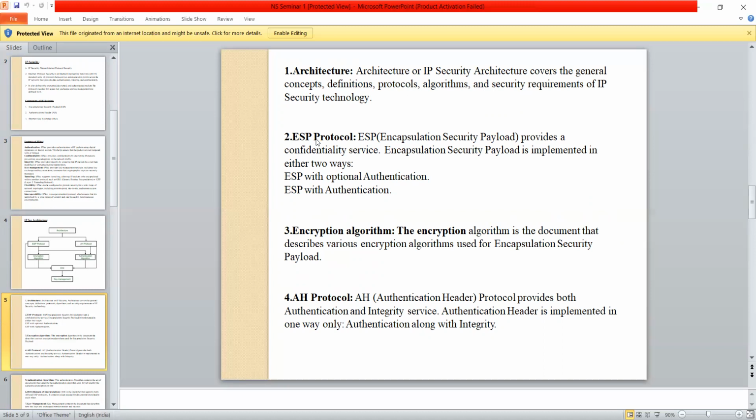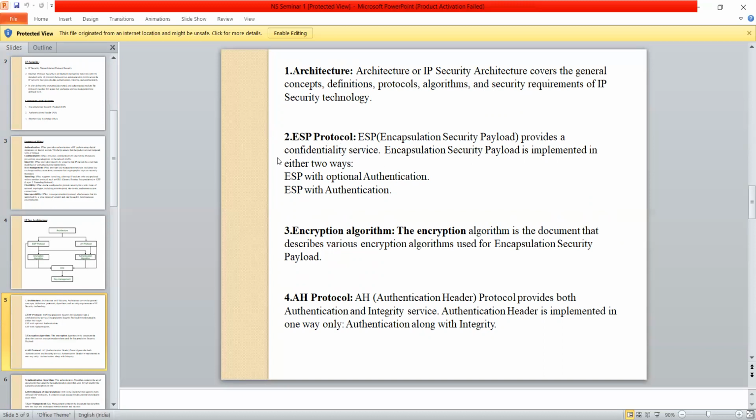Now, what is the ESP protocol? ESP means Encapsulating Security Payload. It provides a confidentiality service. Encapsulating Security Payload is implemented in two ways: ESP with optional authentication, or ESP with authentication.